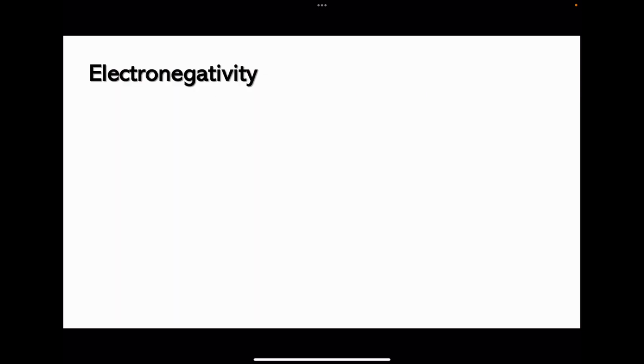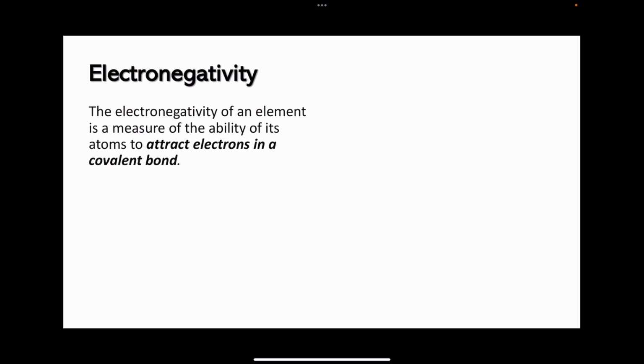Electronegativity. While electron affinity measures the energy released when forming anions, electronegativity also measures a similar thing. It's a measure of the pull that the nucleus has on its surrounding electrons, but in this case, it measures the attraction of the electrons in a covalent bond.